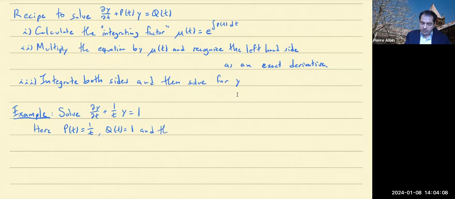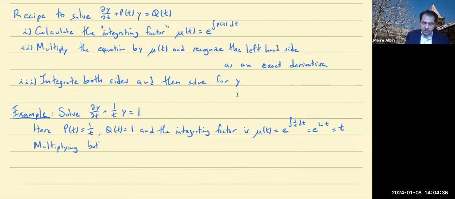So the integrating factor is mu of t equal to the exponential of the integral of 1 over t dt. Right, that's the exponential of the natural log of t, and so you just end up with t.